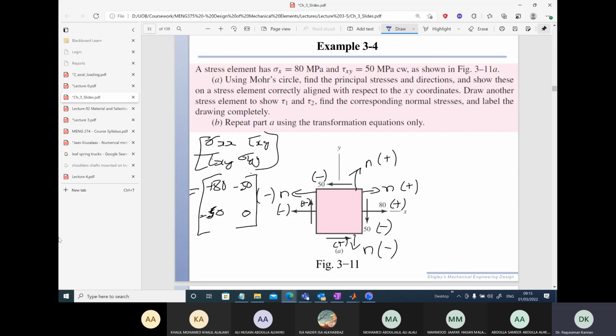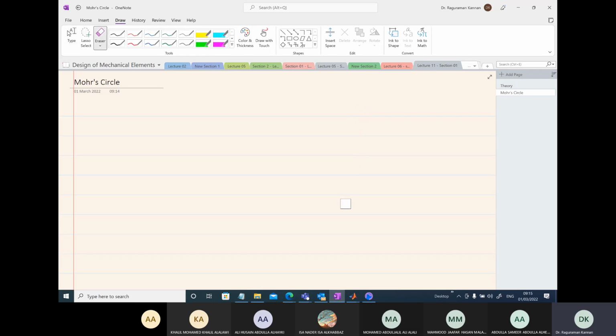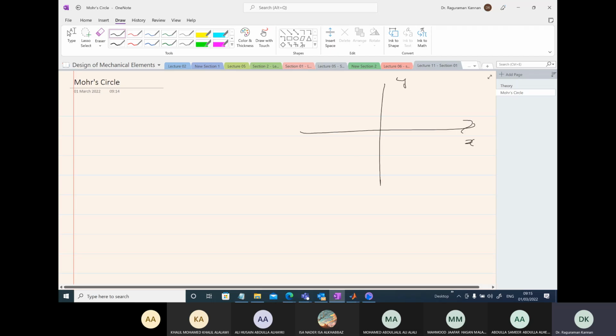Draw the first stress element. We will first draw the stress element here quickly. So now from red color, I want it black. Y, x-axis, square element.